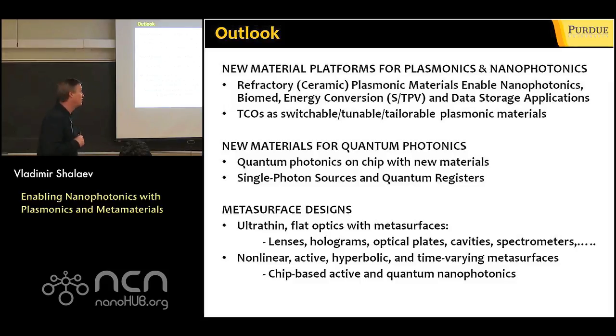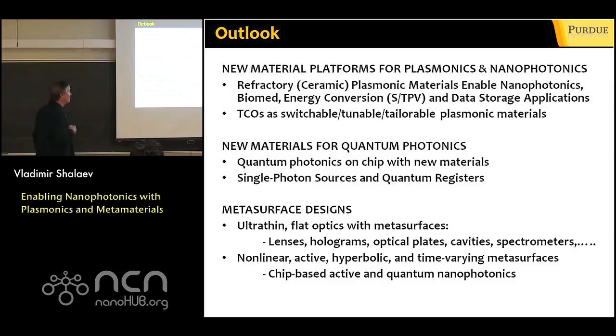In terms of quantum photonics, it's really not clear what type of material platforms will eventually be used. We overviewed silicon carbide, silicon nitrides, diamond, quantum dots, and they all have pros and cons. And I pointed out that most probably we would end up with some kind of hybrid platform, which would also take advantage of plasmonics and metamaterials, where you could dramatically enhance these quantum properties.